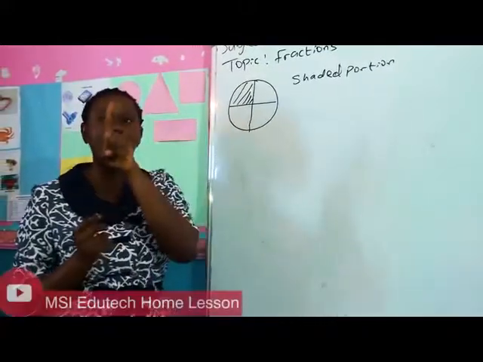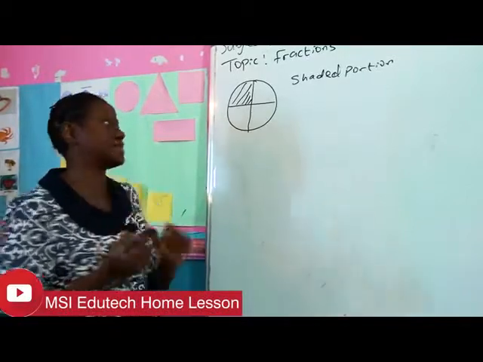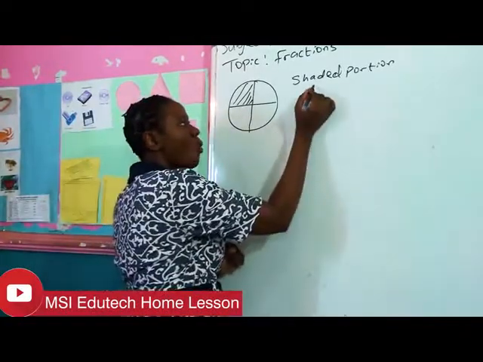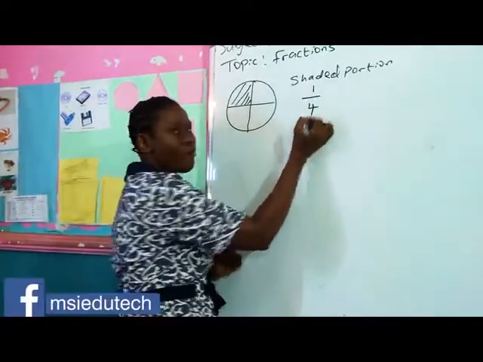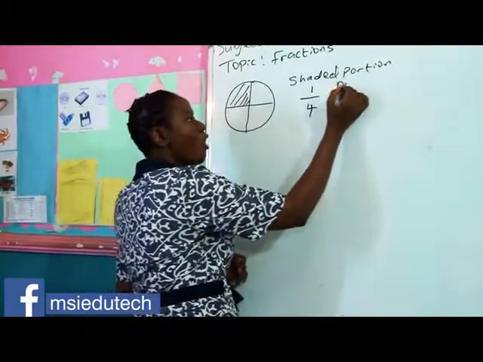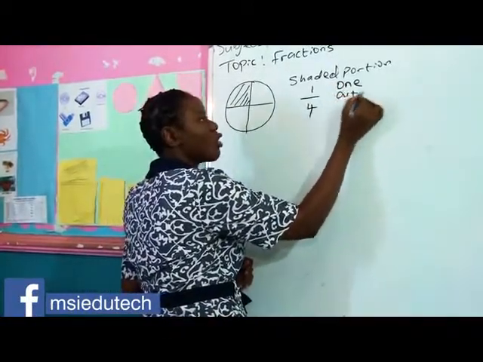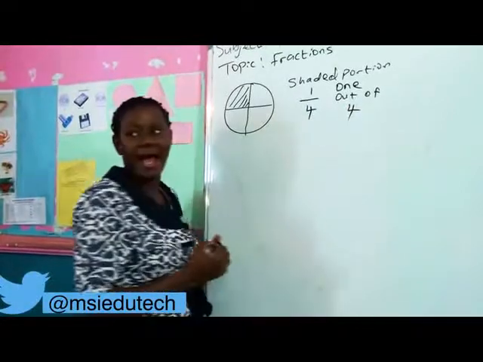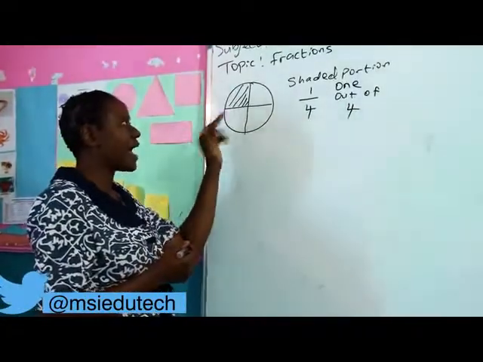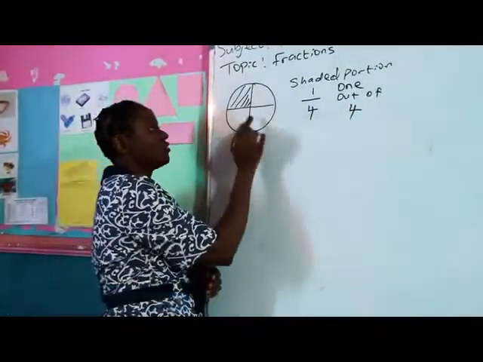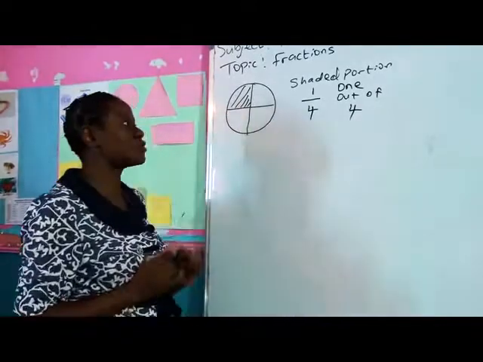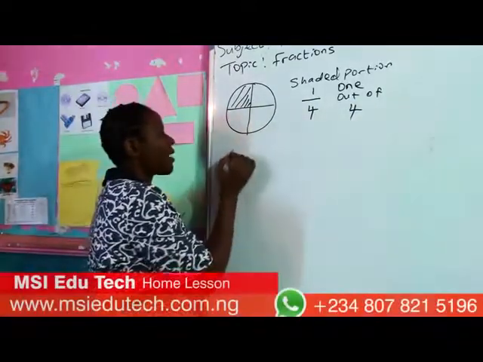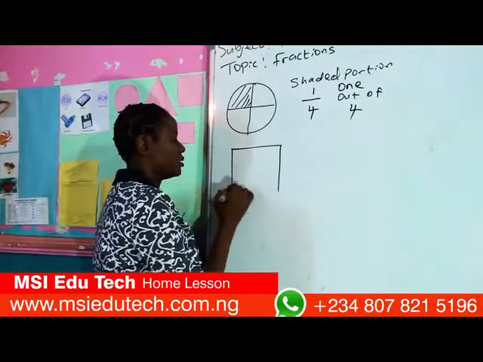I shaded 1 part out of 4 parts. So the shaded portion is 1 out of 4. I have shaded 1 out of 1, 2, 3, 4. Now I have another shape.